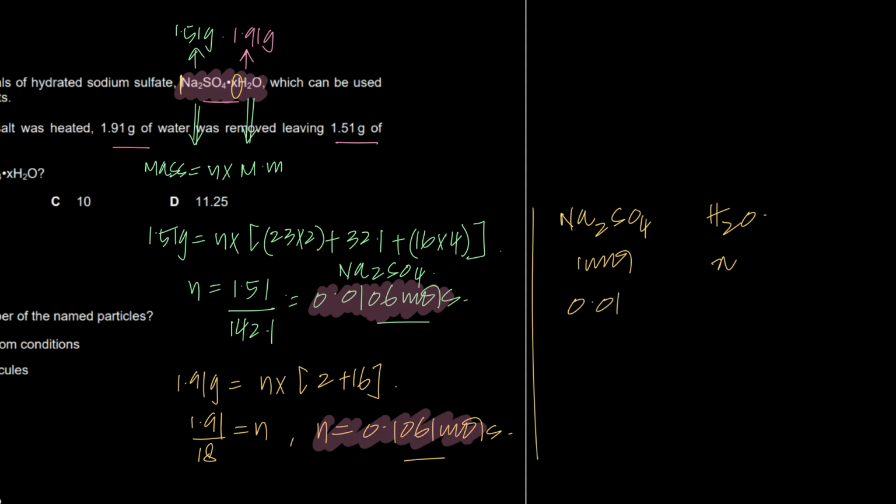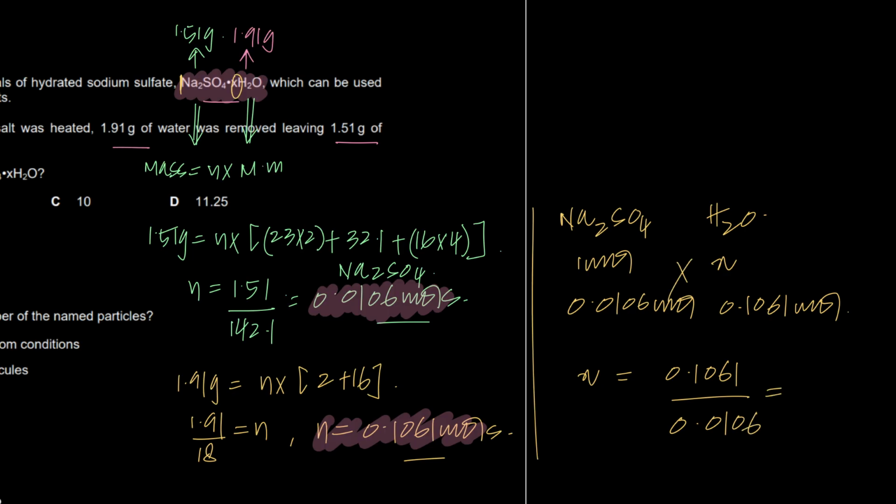So 0.0106 moles of sodium sulfate has 0.1061 moles of water. So what's X or n, whatever? X equals 0.1061 divided by 0.0106. Cross multiply. 0.1061 divided by 0.0106. I get 10 moles.